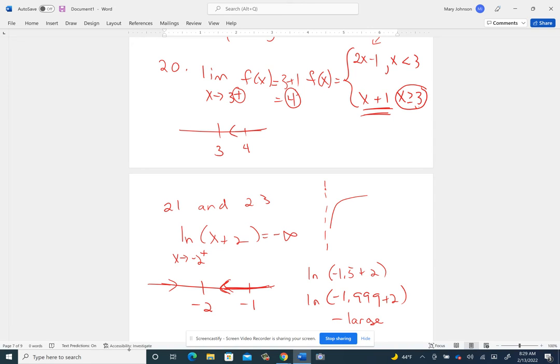All right, so with natural log, it does help to keep in mind the domain of your functions. The domain of this function would be everything greater than -2. As you come in close to -2, your function winds up approaching -infinity. Right?